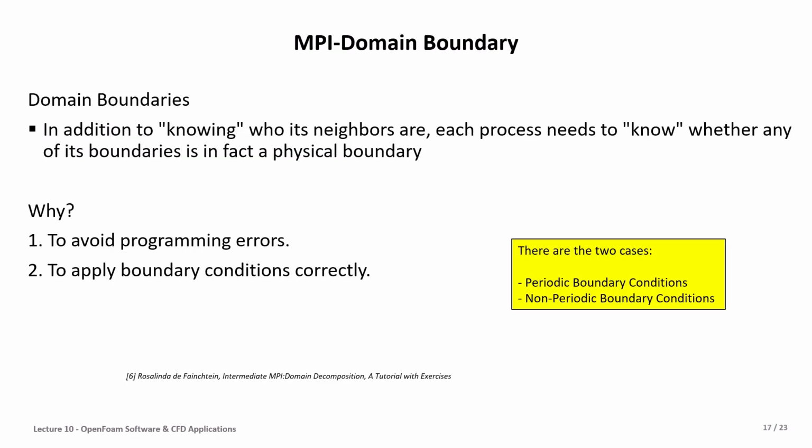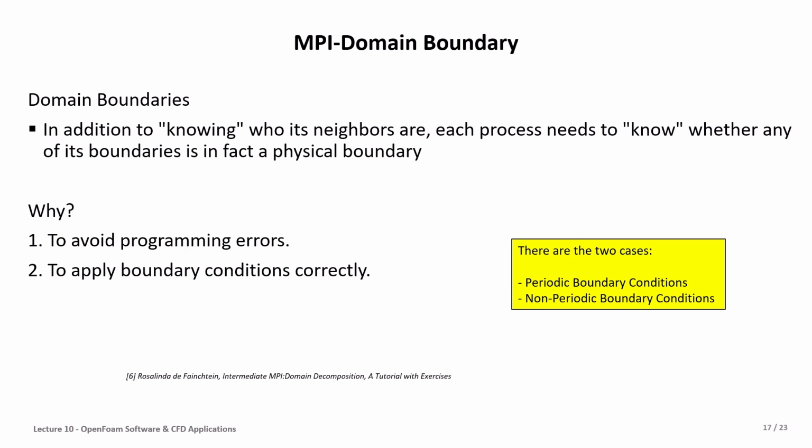To emphasize the importance of the boundary condition here, let's have this simple description: in addition to knowing who is the neighbor, each process needs to know whether any of its boundary is in fact a physical boundary.